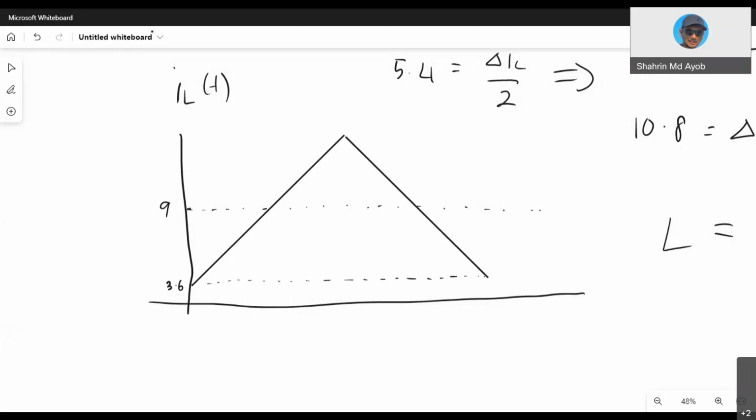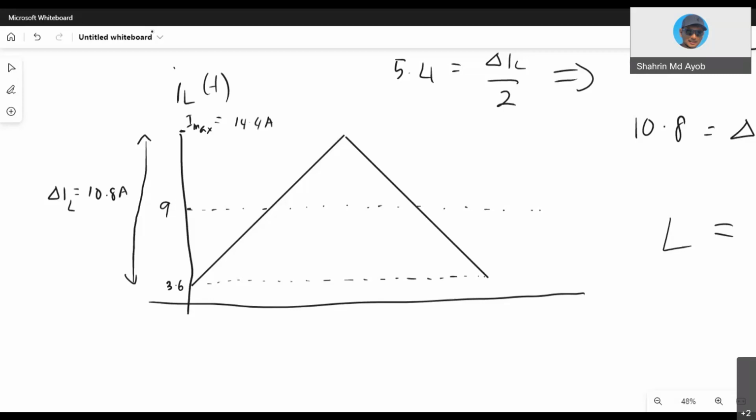Okay. This one, from here to here is your delta IL, which is berapa, 10.8 amperes. Which means that I max here is berapa? Delta IL over 2 is 5.4. So 9 plus 5.4, 14.4 amperes.